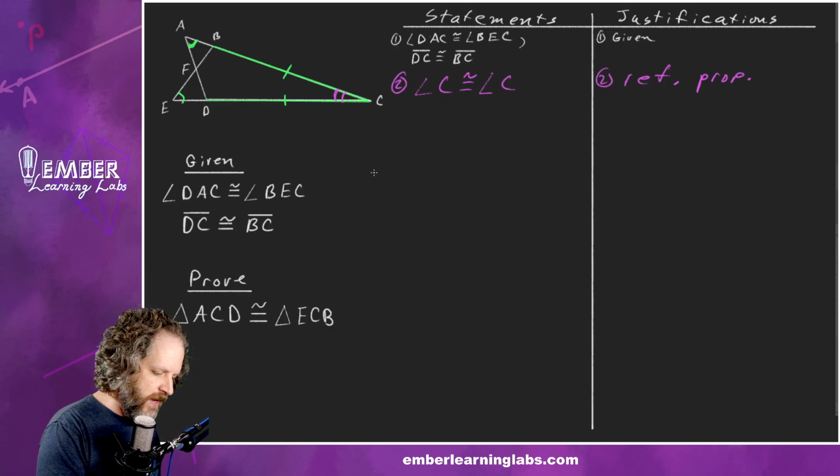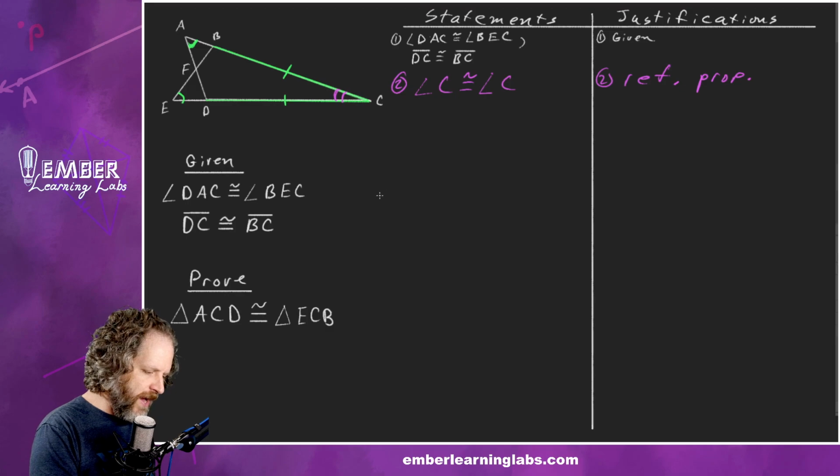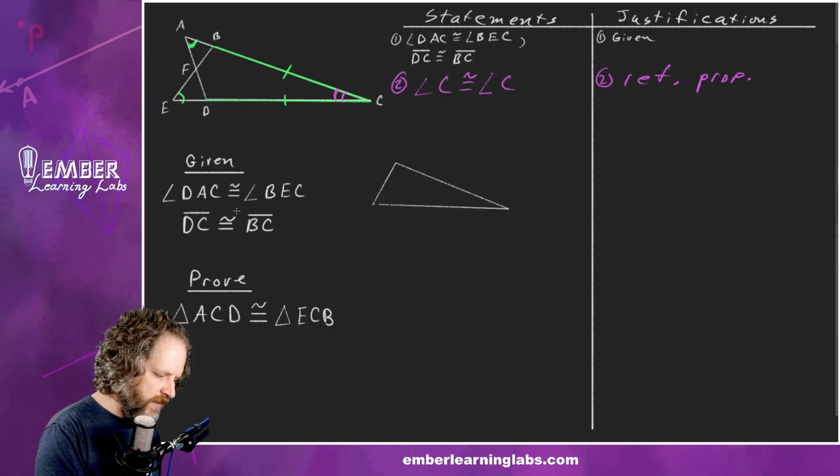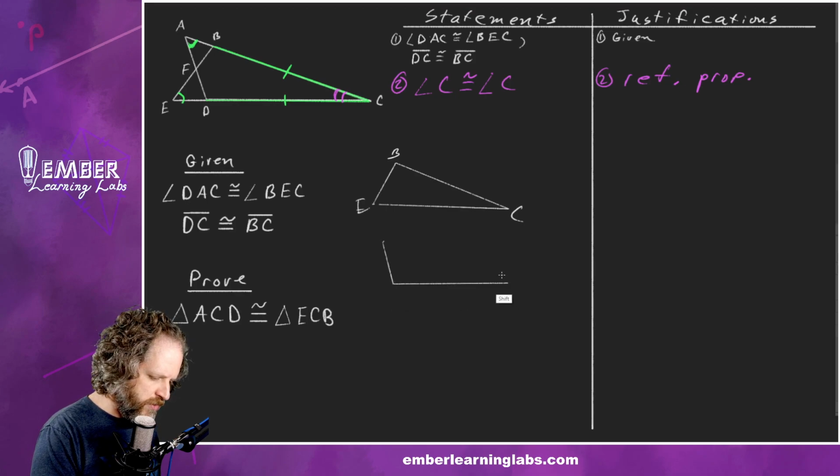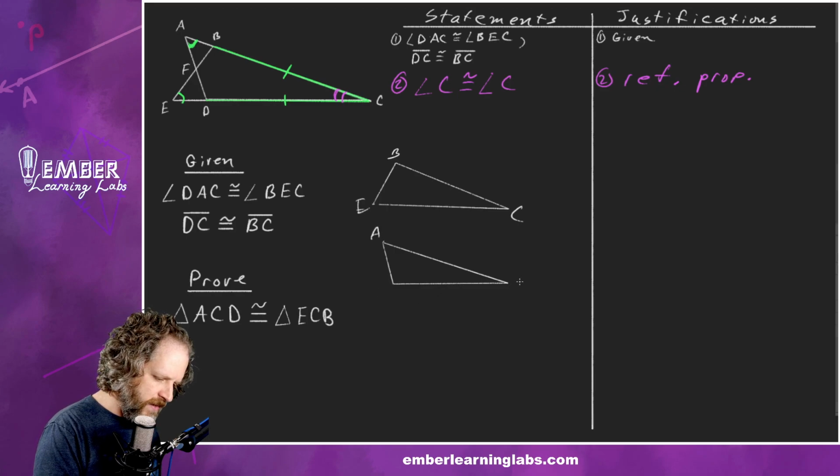Sometimes this can be useful when you have overlapping stuff. I'm not going to draw them perfect. So we have this one, this is E, B, C, and then we have this one, and this is A, C, and D, right?